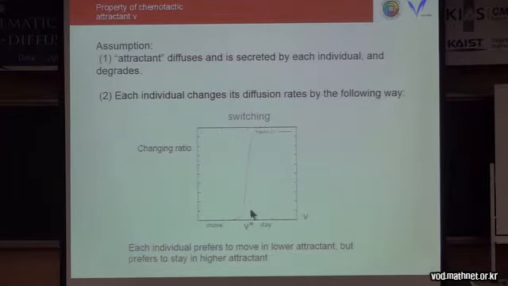There exists some critical concentration of chemoattractant, V star. If the concentration of chemoattractant is lower than this critical value, the movement of an individual is rather fast. If the concentration is beyond the critical value, they prefer to stay.